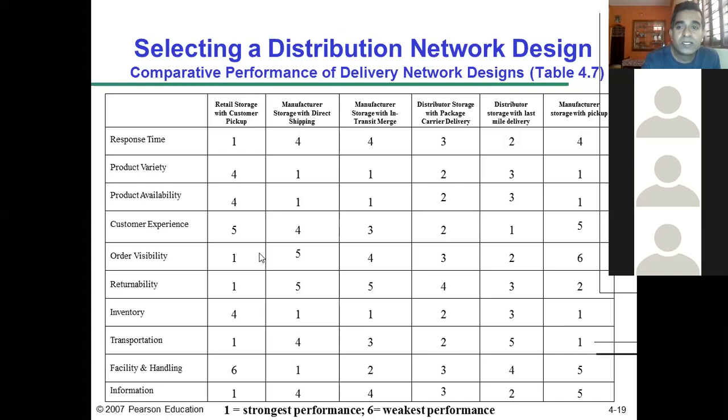As the customer has to walk to the store, spend some physical energy and incur some cost, and next he has to wait in the queue at the point of sale, then return home. Whereas if we consider distributor storage with last mile delivery, since the delivery is made at the doorstep of the customer, the customer experience on this criterion is very high.